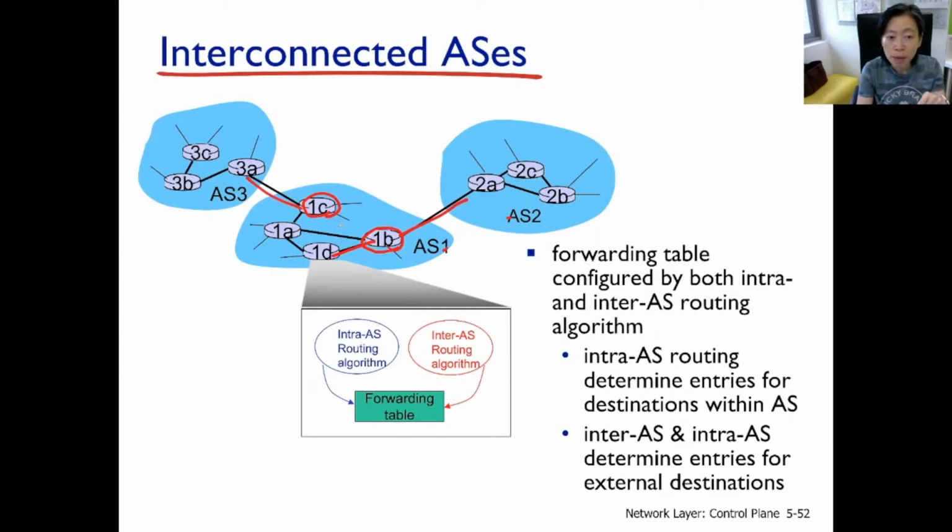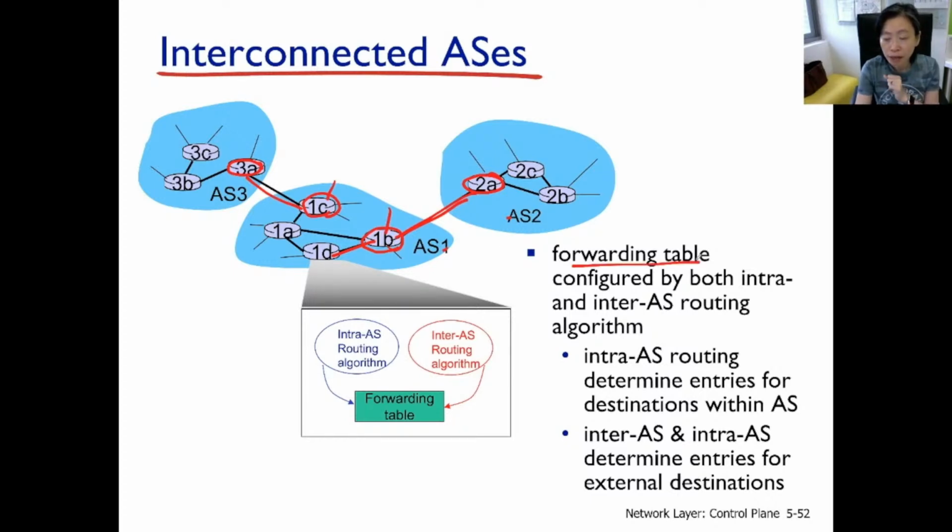So 1B and 1C are the gateway routers, just like 2A for AS2 is one of the gateway routers, and 3A for AS3 is one of the gateway routers. And inter-AS routing is running in between 1B, 2A, 1C, 3A, and so on and so forth.